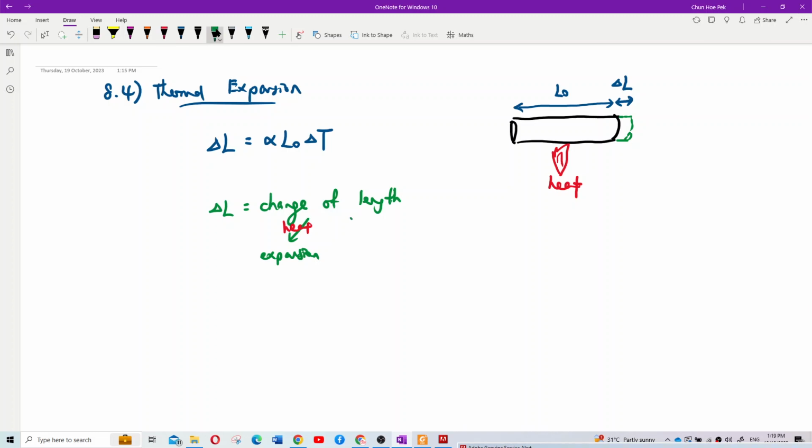But if you reduce the temperature, put it under cold temperature, then it will undergo contraction. The metal rod will get longer if you heat it up, but it will become shorter if you put it in cold temperature. It can expand or contract, based on the change of temperature.